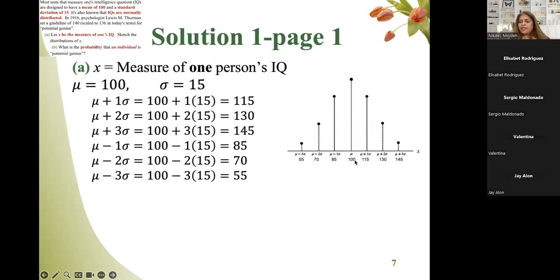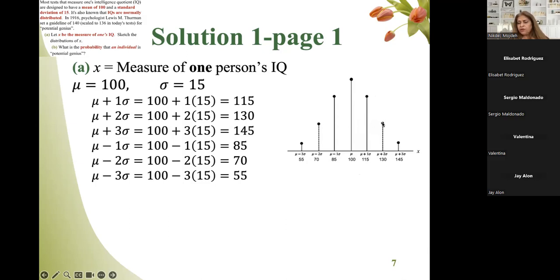The middle has the highest point. I draw a vertical line and I put a dot on the top of that vertical line. Then 1 standard deviation to the right and 1 standard deviation to the left have the same height. Put the dot on top of those vertical lines. 2 standard deviations to the right and 2 standard deviations to the left have the same height.